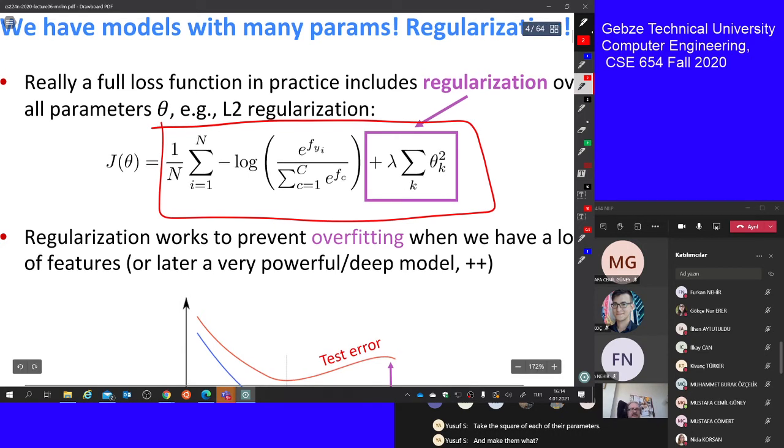Read this for me. What does it say? Lambda is just a constant.